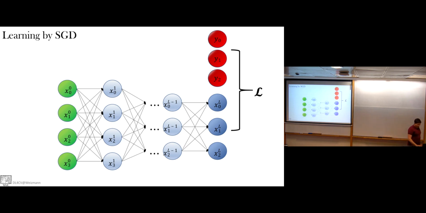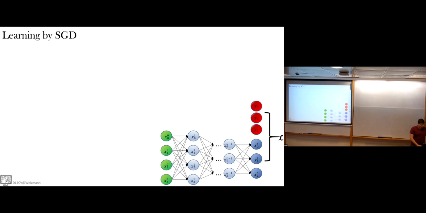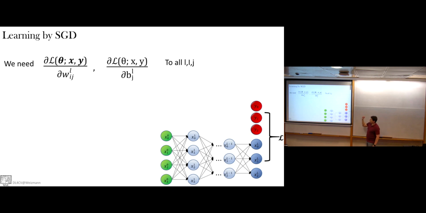And we're going to first see that it's not trivial, because think about it. What we actually need is the derivative of our loss. You can think about the loss, for example, as MSE between what I predict and the label, or other losses, for example for classification, that you learned in the tutorial.